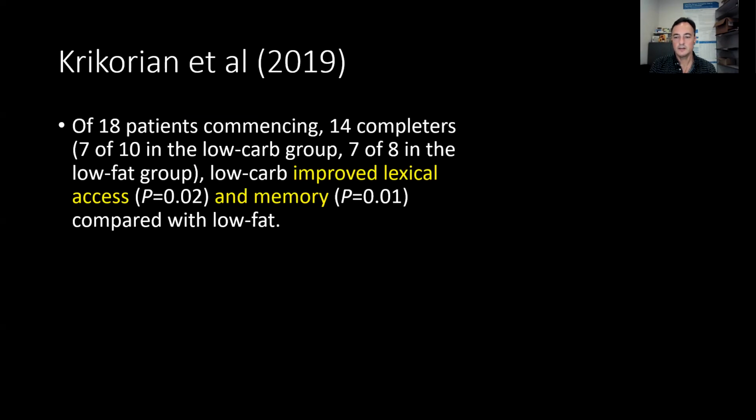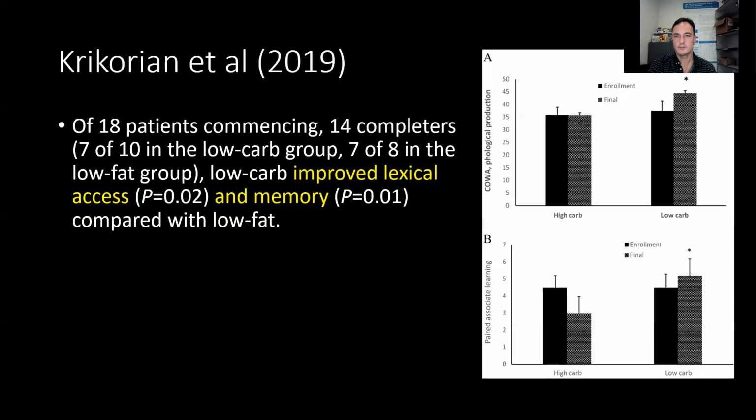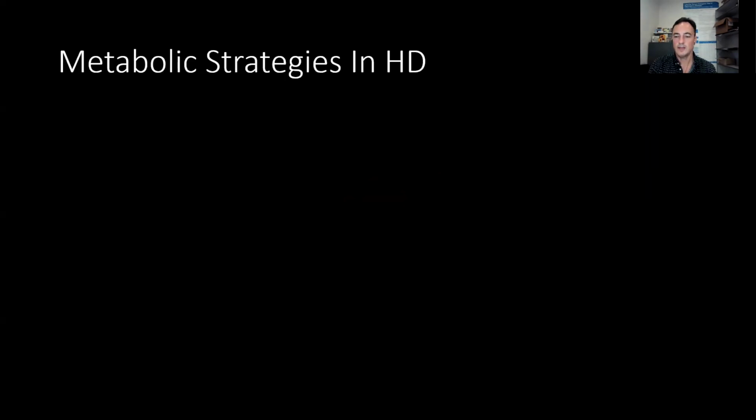And basically, long story short, low carb improved cognition compared to low fat. So if you look at their findings, they're looking at word association on the top and paired associate learning on the bottom graph. And you can see in both cases, as shown by the green box, that the low carb group improved compared to the low fat group, statistically significant. And their motor symptoms didn't show any between group differences.